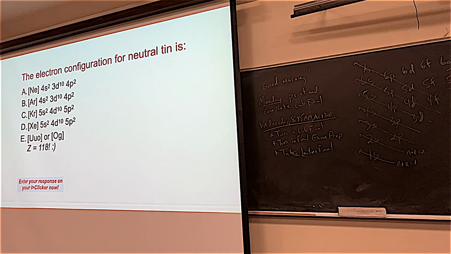Excellent. So, a couple of hints on solving this one. Tin, number 50, has a lot more electrons than the other ones we've looked at so far. Tin is part of these 6 columns right here. Helium goes over here. These 6 columns, which are 3A through 8A, no helium, are the p block.